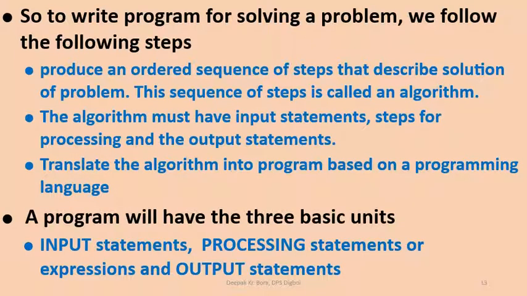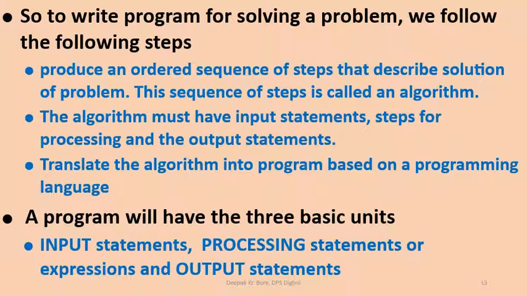So, to write a program for solving a problem, we follow the following steps. First, produce an ordered sequence of steps that describe the solution of the problem. This sequence of steps is called an algorithm.